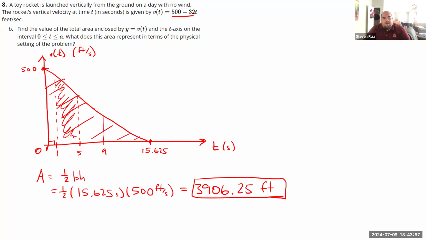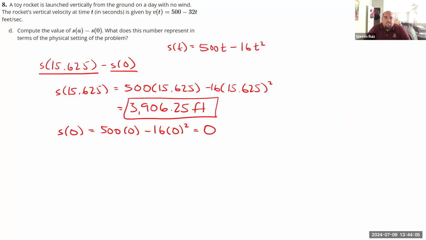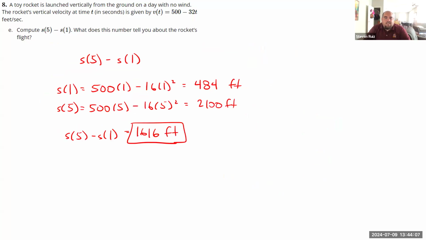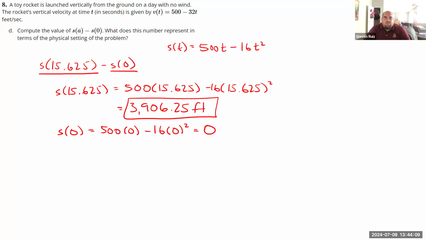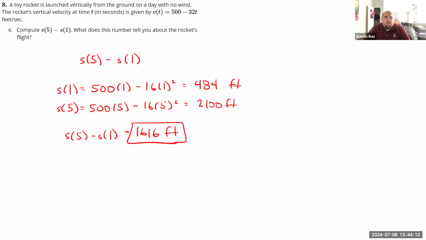So very early on in the rocket's flight, it's going to be covering more distance. Its position is going to be changing more rapidly. That's why, over this 16-second flight, if we just take a 4-second chunk of that early on in the flight, you're going to be covering proportionally more position, more distance.